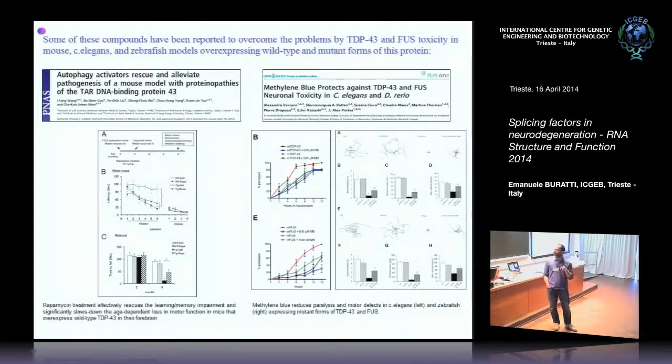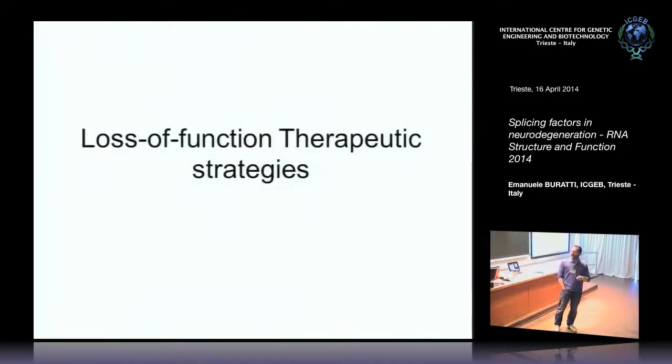In these zebrafish and C. elegans, it has been seen that increasing the concentration of TDP-43 is very toxic. And you can see that in some cases, like autophagy activators, they can actually rescue the overexpression of TDP-43 in these models.